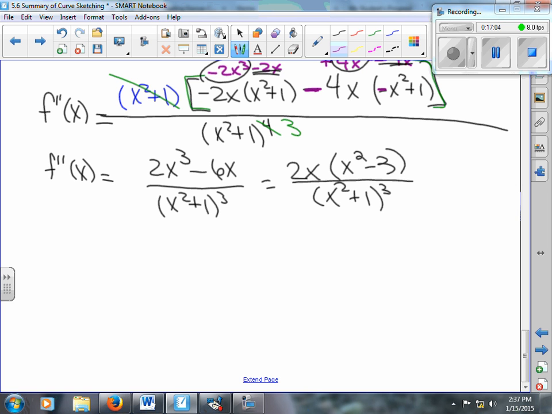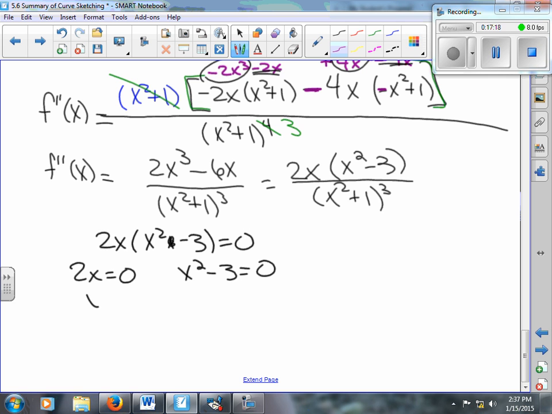Okay, so let's find the critical points here by setting the numerator equal to 0 and the denominator equal to 0. When I set the numerator equal to 0, I get to set both 2x equal to 0 and x squared minus 3 equal to 0. I get a lot of solutions here. I have 0 and x squared equals 3. That has 2 solutions, both plus and minus radical 3.